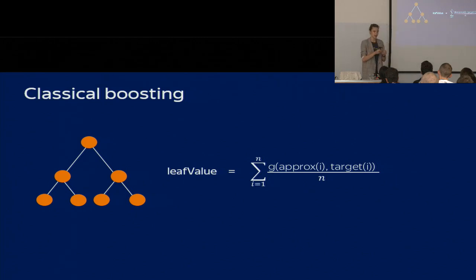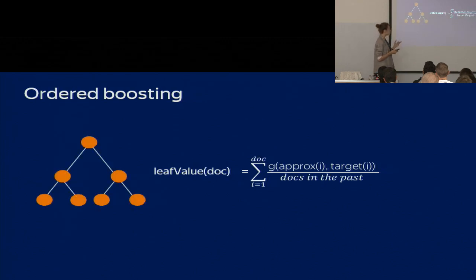But this estimate is biased because you are estimating the gradient using the same objects that you built the model with. It is easier to understand if we talk about the loss function, the error. If you estimate the error using the same objects that you used when building the model, the error will be lower. So it's biased.